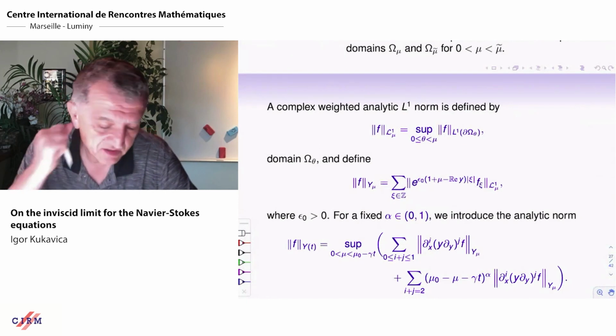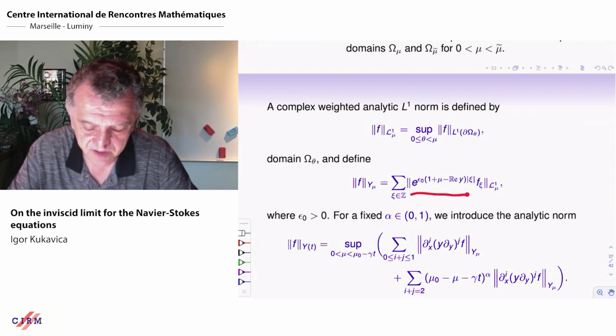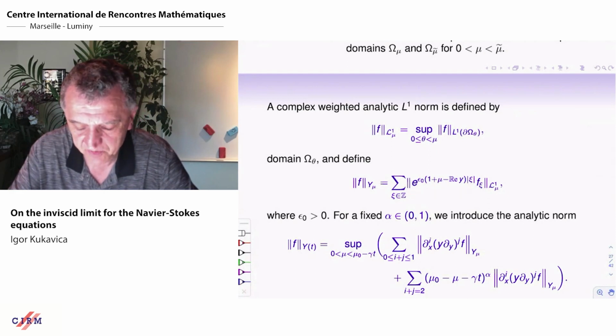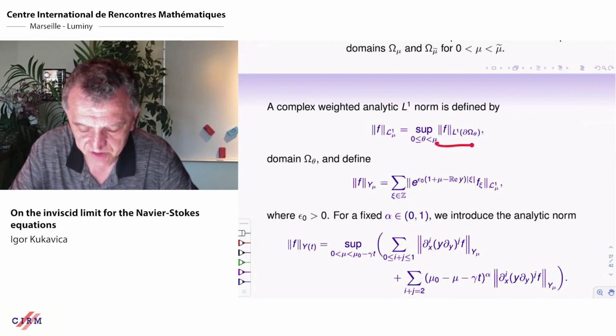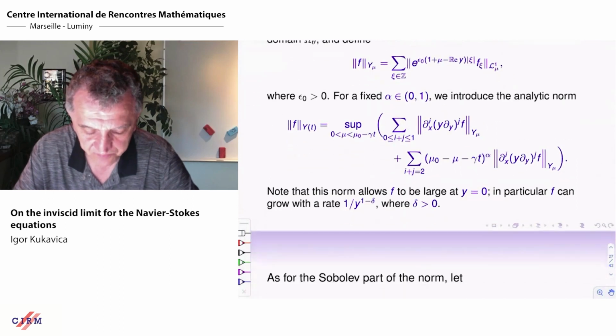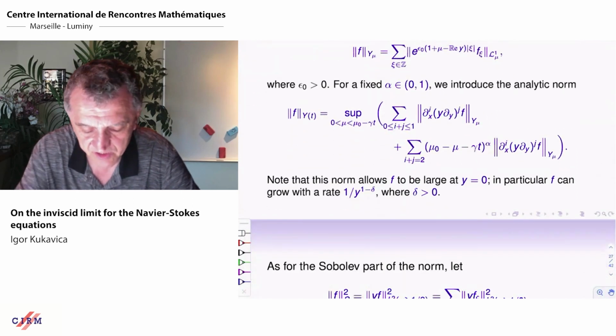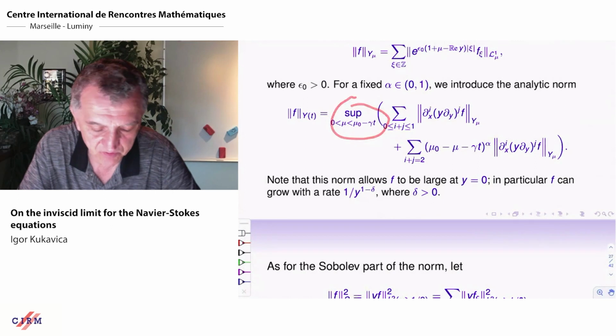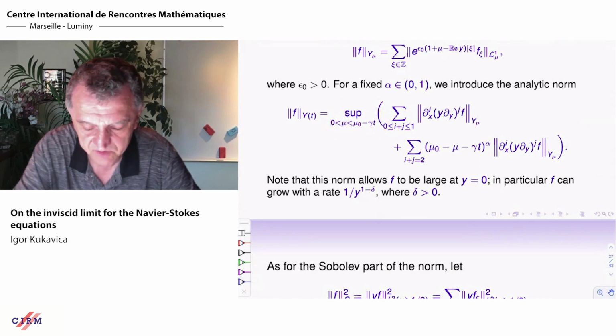So in the tangential variable is the partial Fourier transform because there is no boundary, and then in the transversal direction we use an L1 type norm. And the total analytic norm is then supremum over all mu's up to certain things. So this is this fuzziness of the norm.